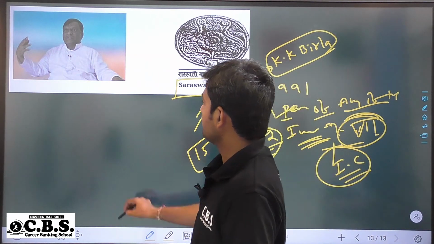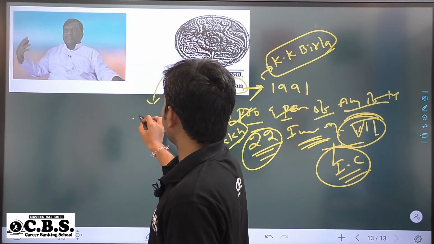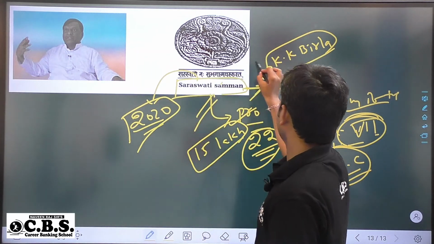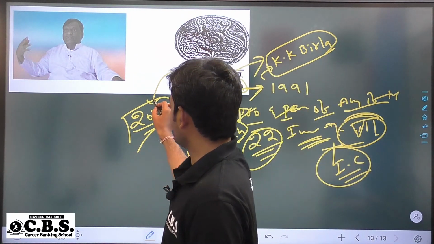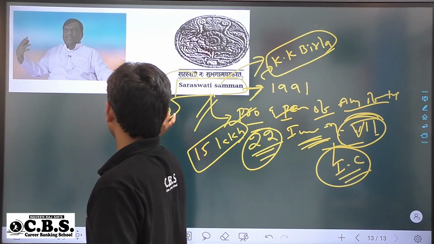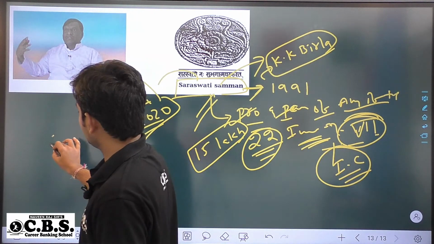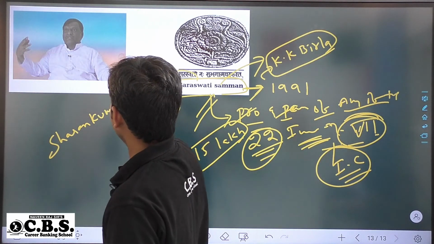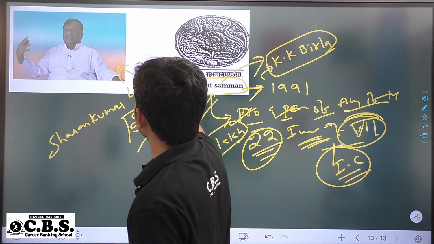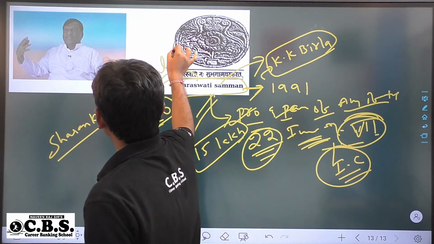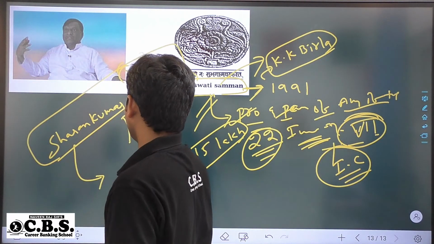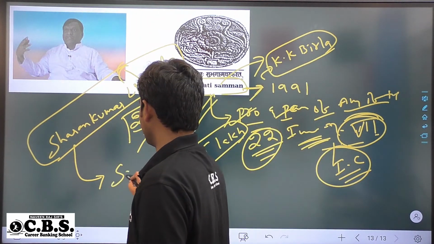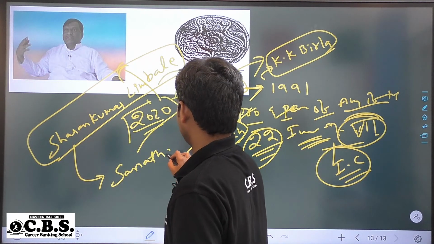Recently, Saraswati Samman Award 2020 has been declared by KK Birla Foundation. The 2020 winner is Sharan Kumar Limbale, a Marathi writer, for his outstanding novel Sanatan.